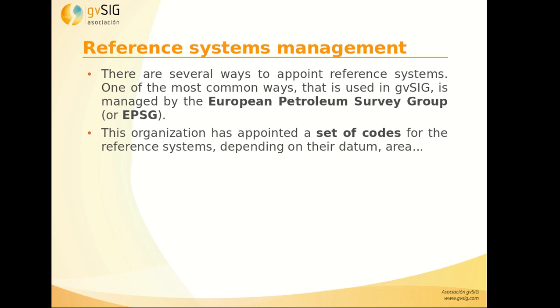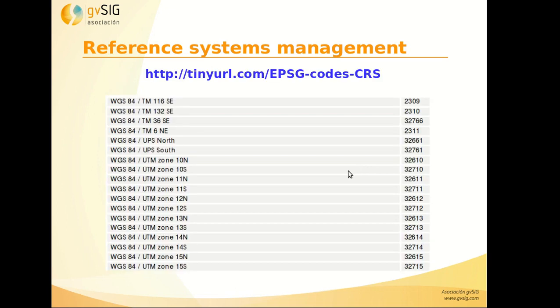One of the ways to manage the reference systems is through the European Petroleum Survey Group, or EPSG. This organization has a set of codes for the different reference systems depending on different parameters. For example, here we can see the different codes depending on the datum, if it's UTM north or south, if it's geographic coordinates, etc. So we have the EPSG codes that can be managed in GBC.